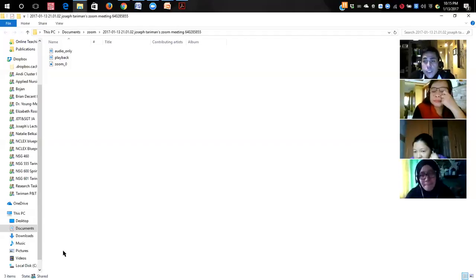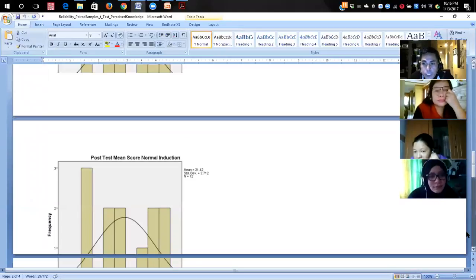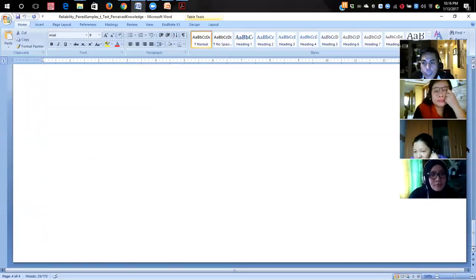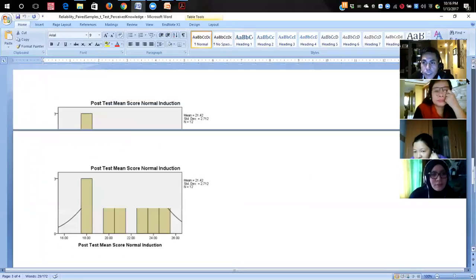The most common is Cronbach's alpha, when the responses are not dichotomous, such as ordinal scales. You can use Cronbach's alpha, and that's actually right here as one of the things that I've done for my student, is to look at Cronbach's alpha all the time at the beginning, right here.